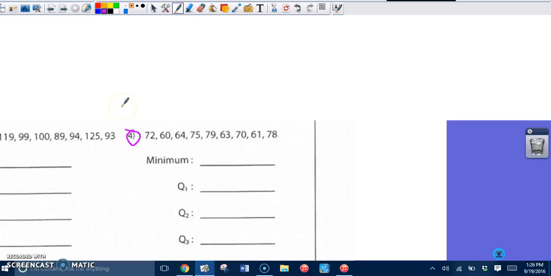So first I'm going to put these numbers in order, from least to greatest. I have 60, 61, 63, 64, and then it goes into the 70s.